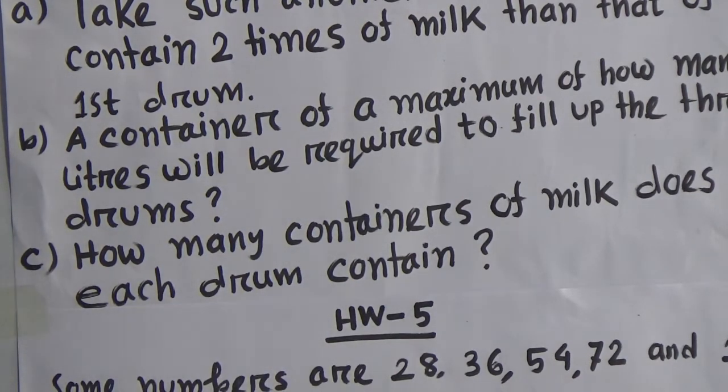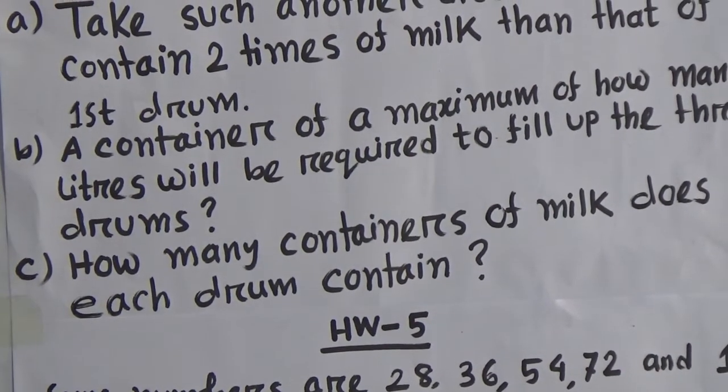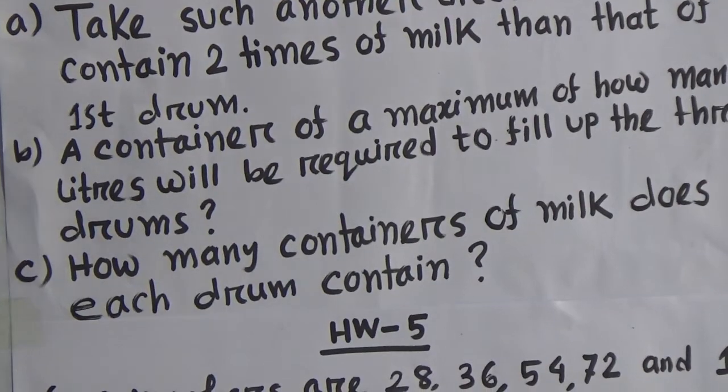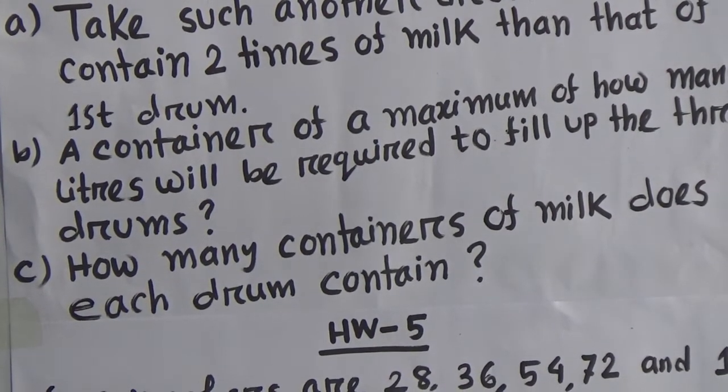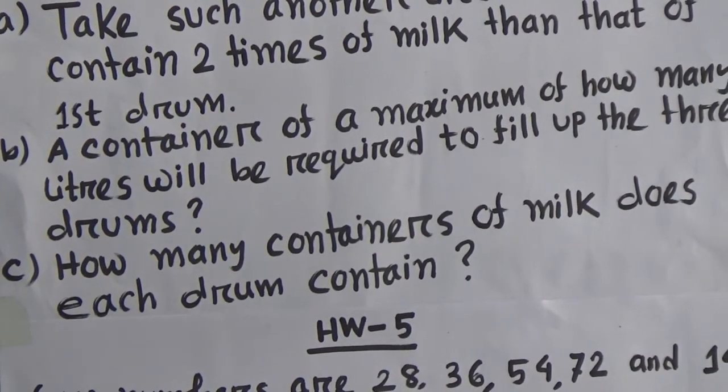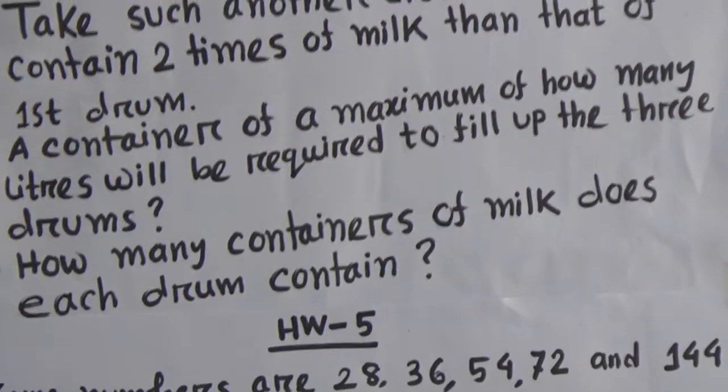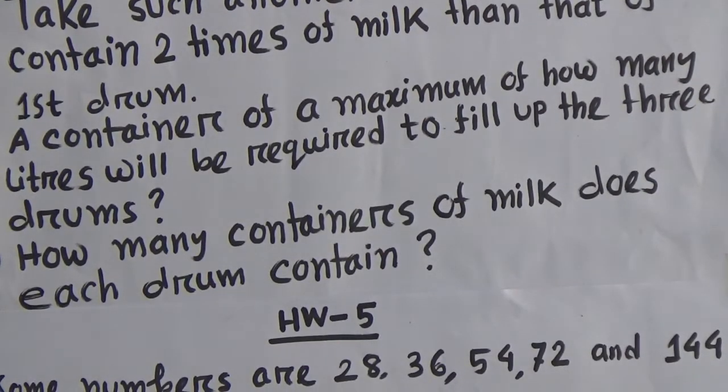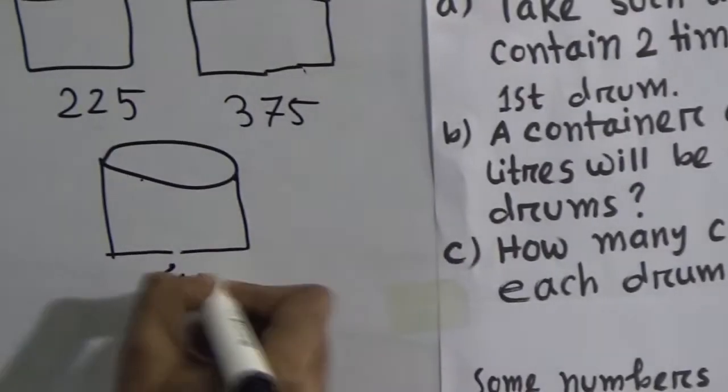Okay, that means you have to select another container, and the measurement of that container is 75. Okay, 75, which I showed in B number solution. That means you have to select 75 liters of container, and this is 450.